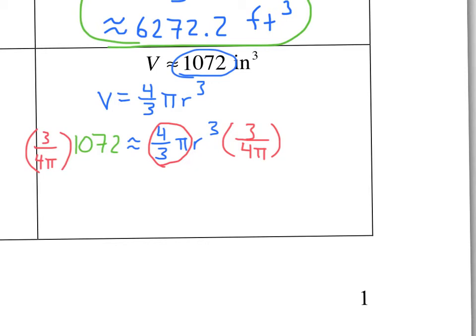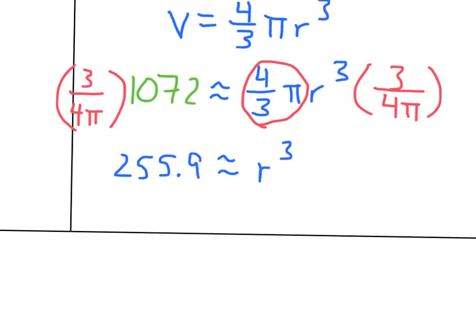With the calculator, it's as simple as this: 3 times 1072 divided by 4 divided by pi. And that'll give me an approximate value for my cube, to get approximately 255.9. Now I need to cube root this.